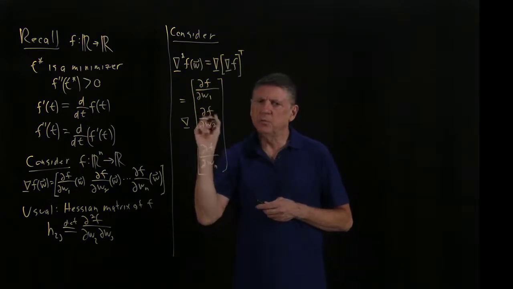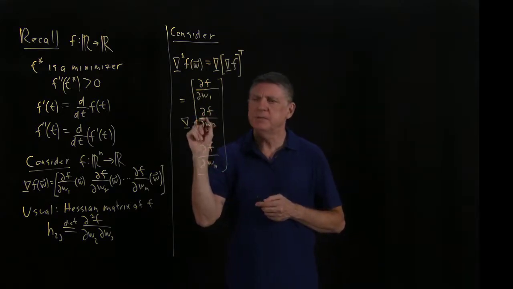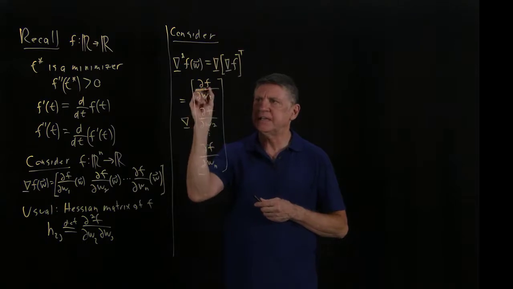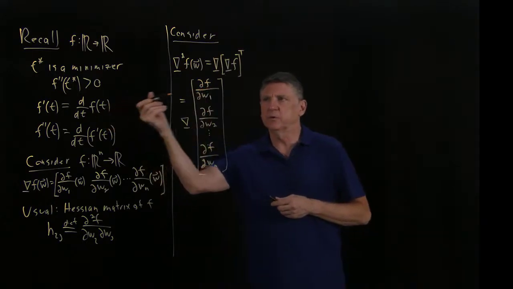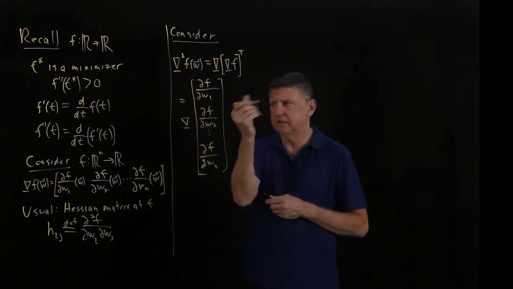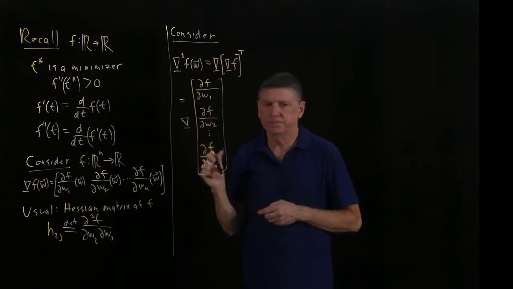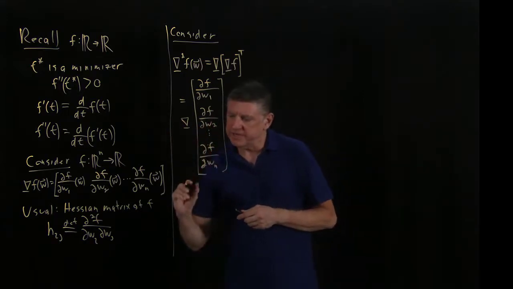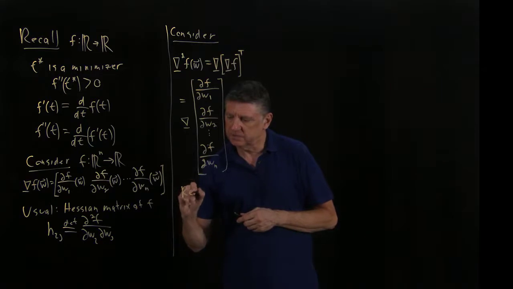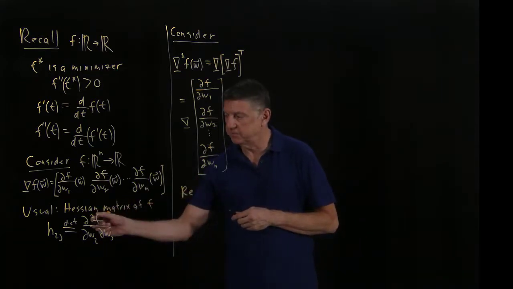And when we developed the Jacobian matrix, we said we were going to take each one of these functions, and then we were going to find its gradient. Well, we can do that again. A little notation problem is which of these comes first.